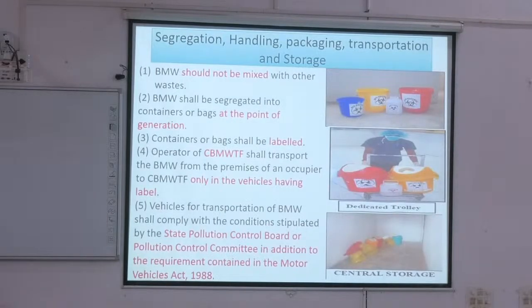After that, at the point of generation, when waste is generated, at first you have to segregate it in different color coded bins. Here you can find different color coded bins: blue, yellow, red, and white. When a waste has been generated, as per its color code you have to separate it.